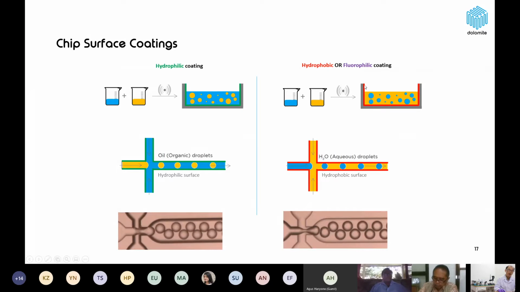So we need a hydrophobic coating, which prevents the water droplets inside from contacting the surface of the reactor, or a fluorophilic coating if you are using a fluorinated solution to make water in fluorinated oil.